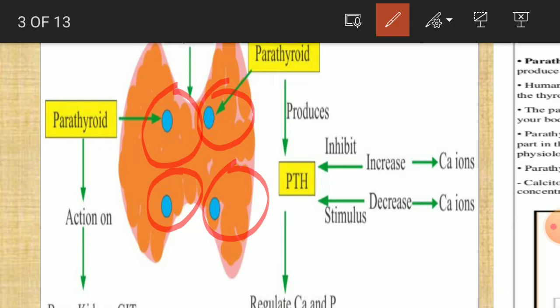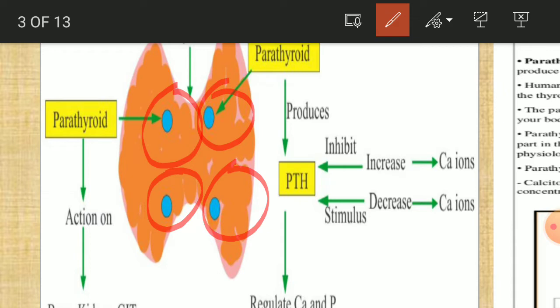And on histology they show 2 different types of cells, among which chief cells are most abundant and another variety is oxyphil cells. But the major source of parathyroid hormone is the chief cell of parathyroid gland.